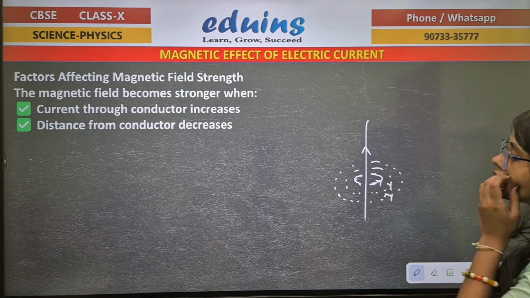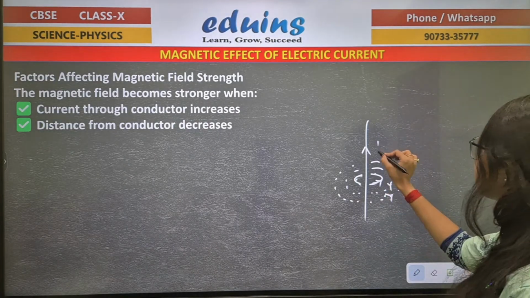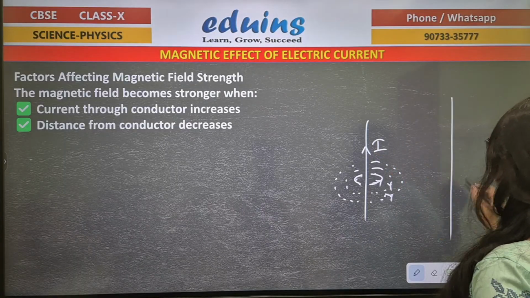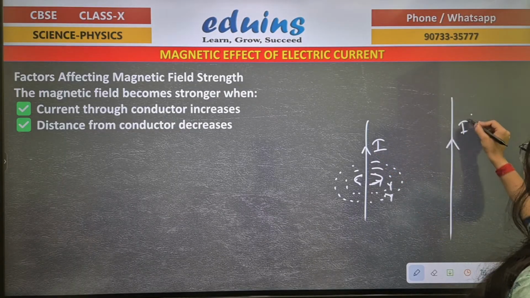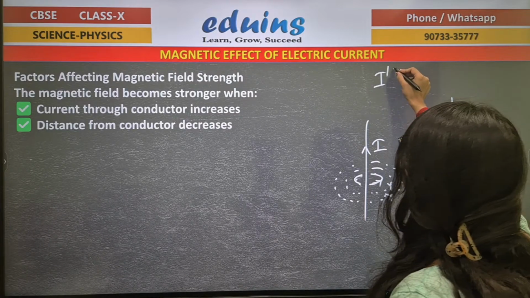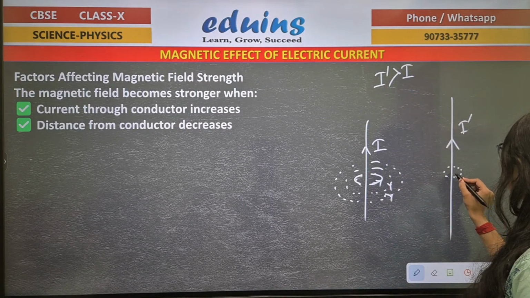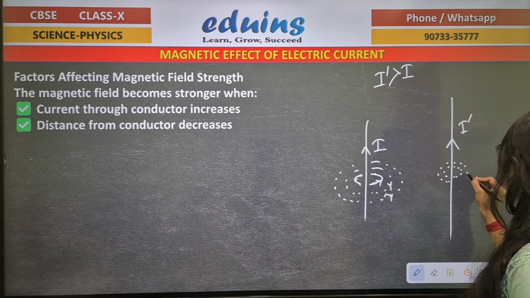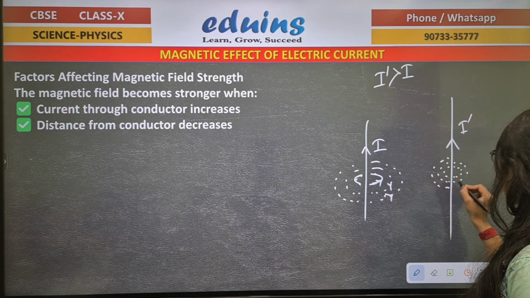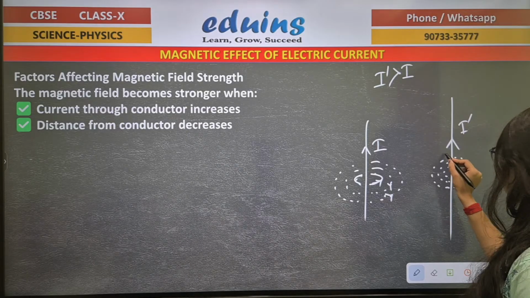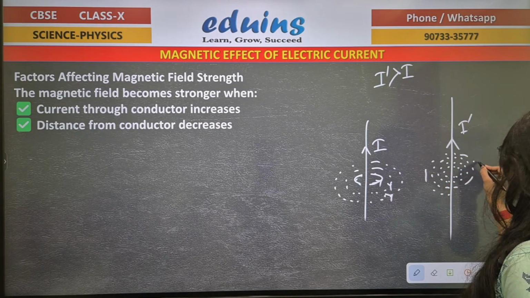These are the magnetic field lines. Okay, this is I, the current flowing through. If we take I dash greater than I, then the field lines become closer, and when the lines are closer, the field is stronger.